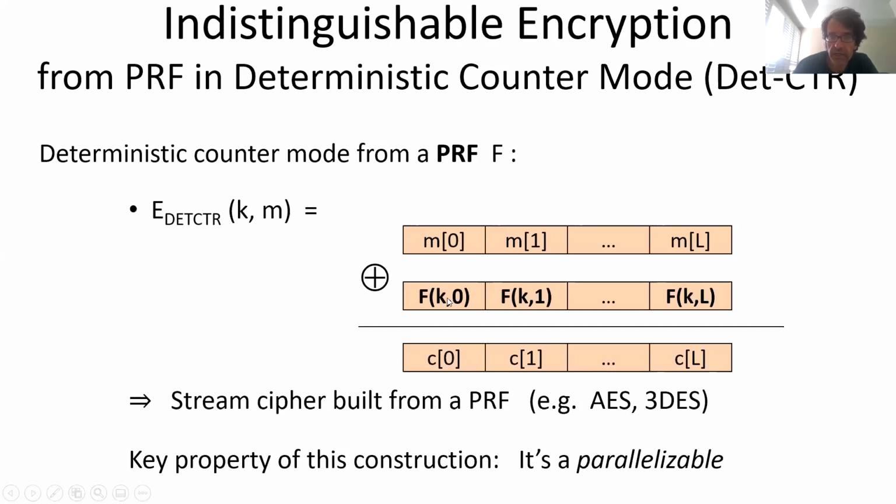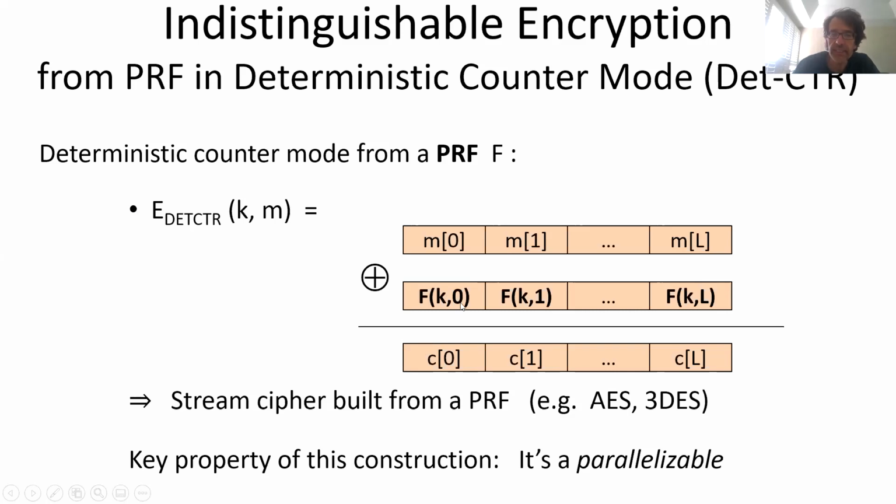So you're running a block cipher on these inputs, and then you XOR the block cipher output with the message. Now, to decrypt, you run the same procedure with ciphertext and plaintext switched, right? So the decryptor puts the ciphertext here, computes these PRF outputs as in this picture, and XORs them, right?